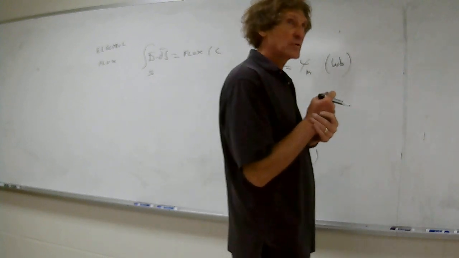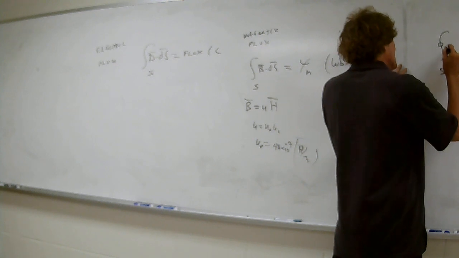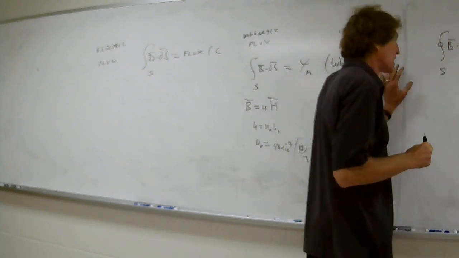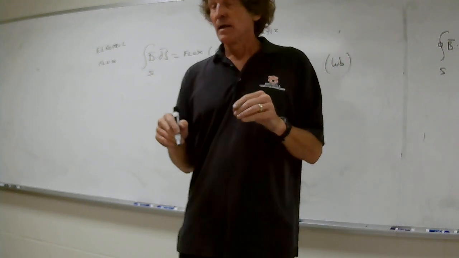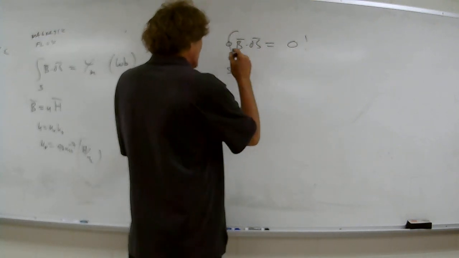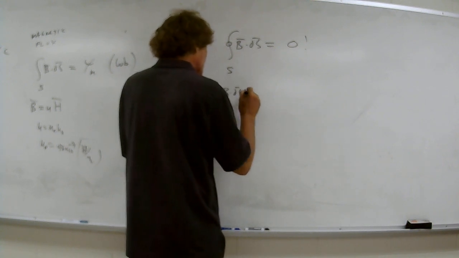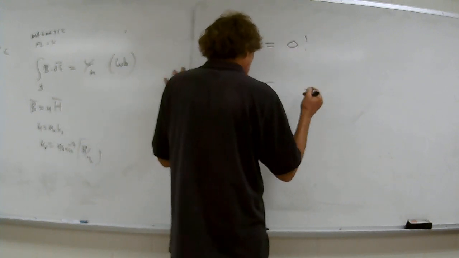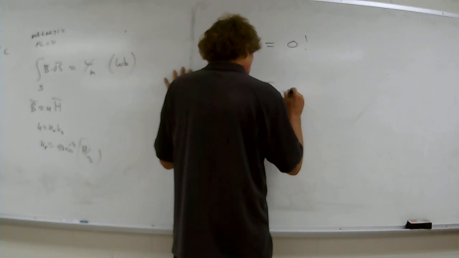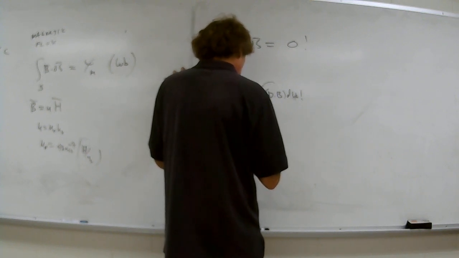Now, something that's real important to note is if you take the integral over any closed surface of B dot ds, you get 0. If you take a look at the point form of this, the integral over the closed surface of B dot ds is the same thing as the integral of the divergence of B over the volume, d vol, and that means divergence of B is 0.